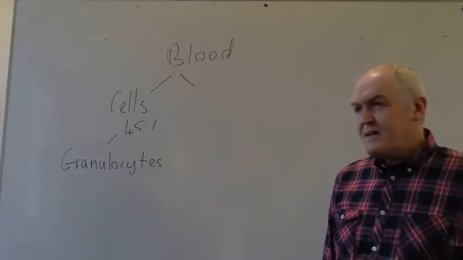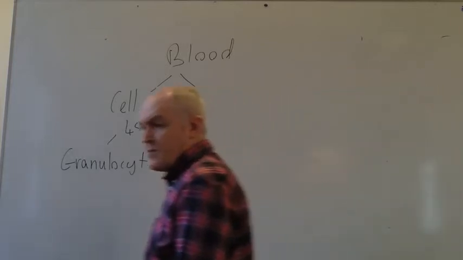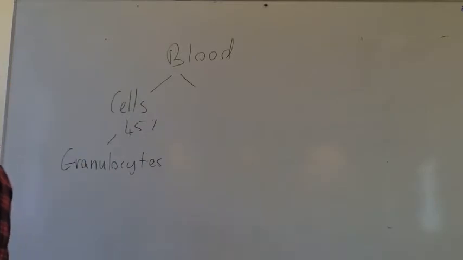So a lot of the names of the cells describe their appearance using a light microscope. And the granulocytes were so named because they had granules in their cytoplasm. So all the granulocytes appear to have granules in their cytoplasm.